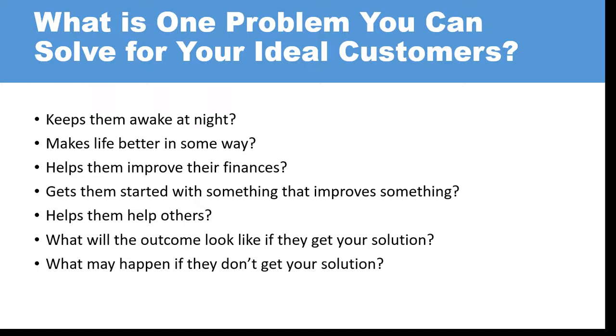You want to keep your lead magnet short, sweet, and to the point, and you want it to solve one problem for your ideal customer. Preferably something that is really gnawing on them, a specific pain point that your one solution can help them with.